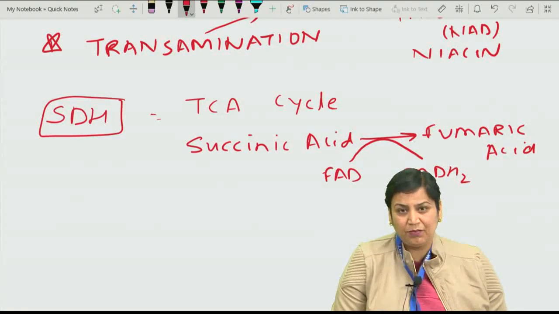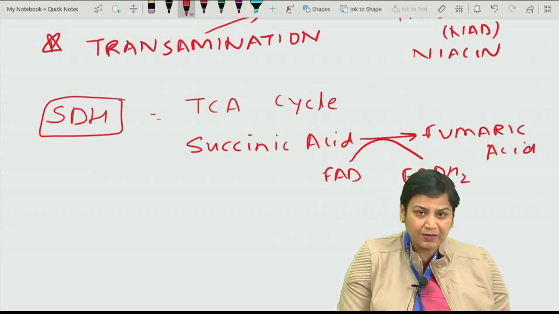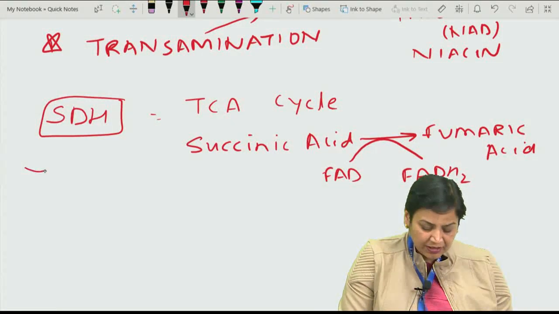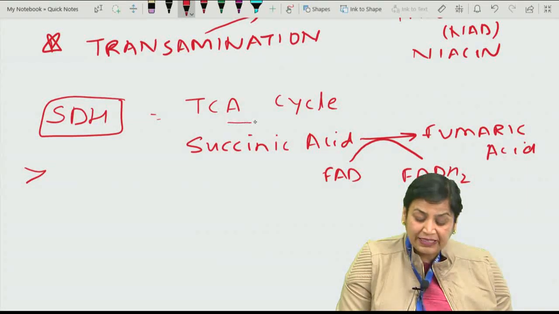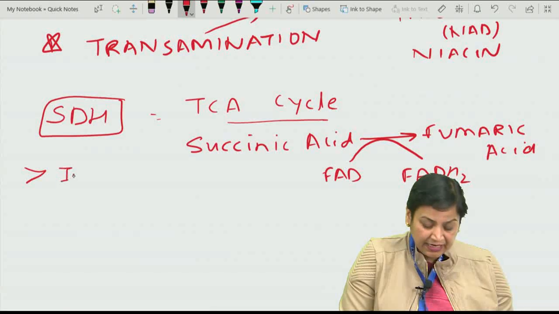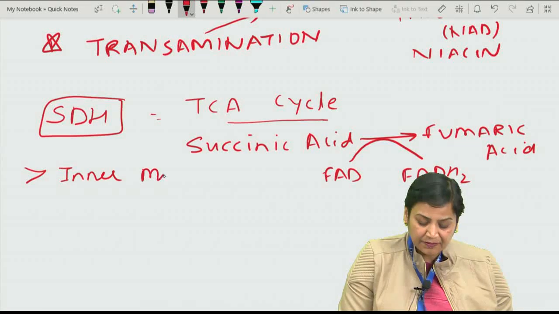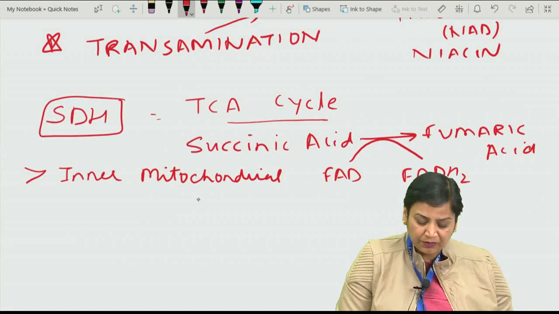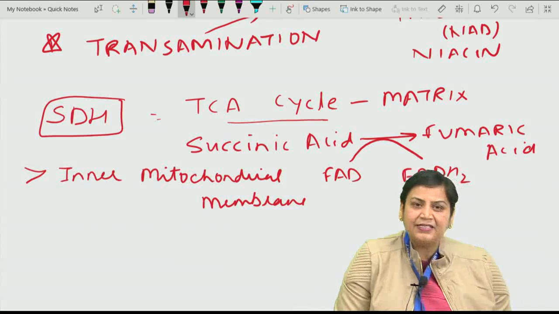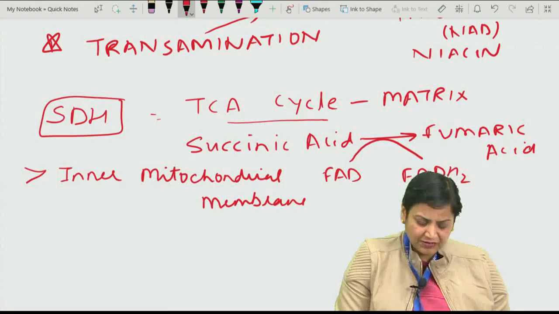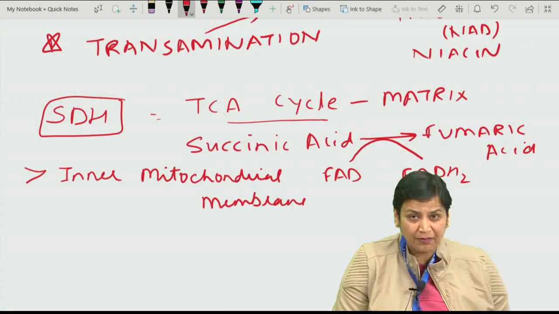This enzyme is very, very important. There are important points about this enzyme. The first important point is that this is the only enzyme of the TCA cycle which is present in the inner mitochondrial membrane, because all of you know that the TCA cycle takes place in the matrix of mitochondria. This SDH is the only enzyme which is present on the inner mitochondrial membrane.